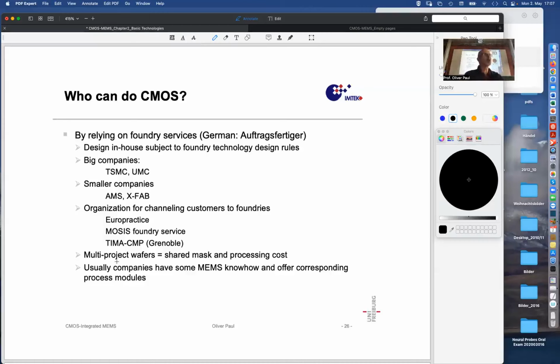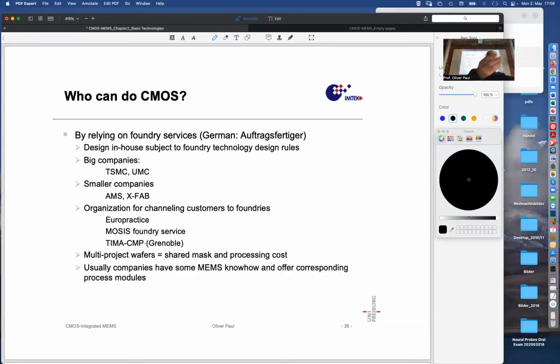Now we'll do the real fabrication because we want to do more than 50, we want to do 10 million. So then this is another size of order for X-FAB. But until we reach that state, we can do this multi-project wafer run. And there are intermediaries who organize that business. So you as A, B, C, and D talk to Europractice, or in America to the MOSIS Foundry Service.